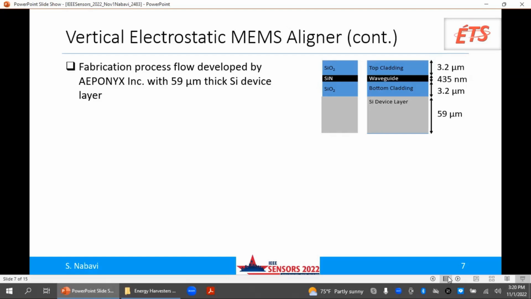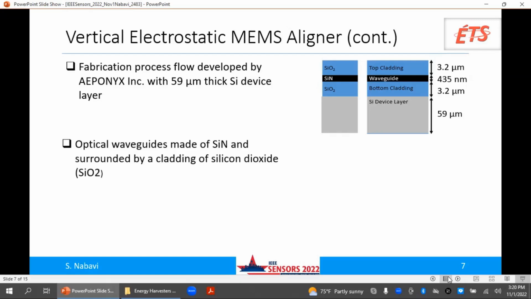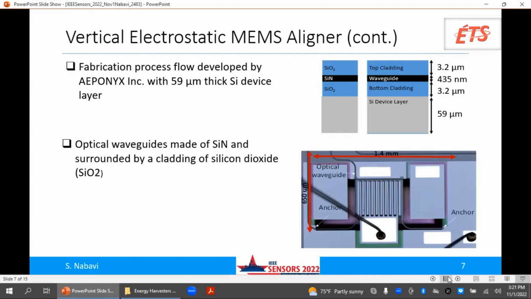And also I have a silicon nitride waveguide, which is cladded with silicon dioxide on top and bottom. So basically I have silicon working as an actuator for creating the electrostatic force, and also I have light. So this is the picture of the device. The length of the prototype is 1.4 millimeters.